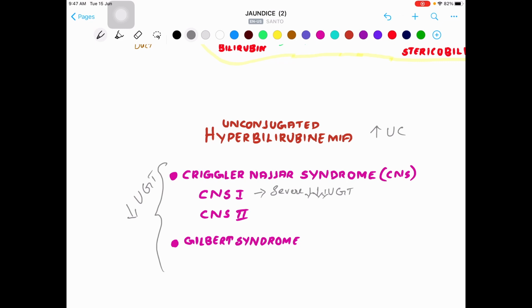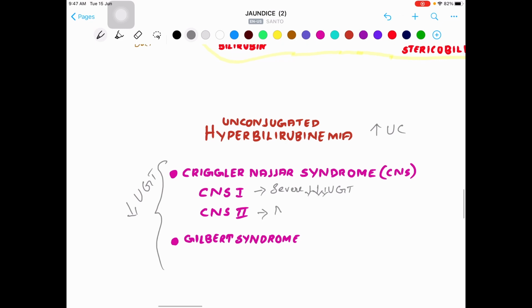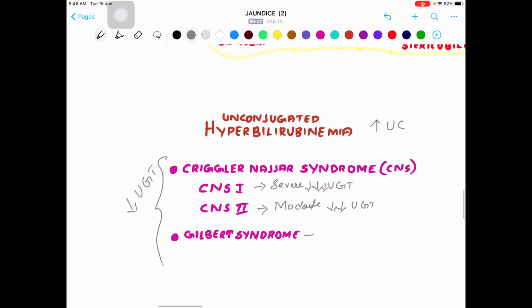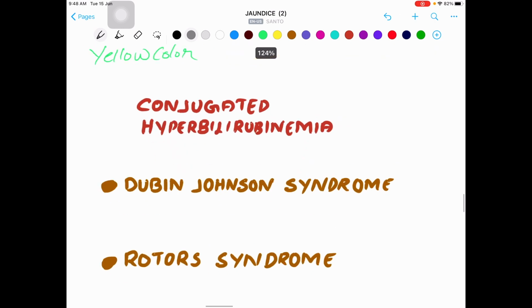And type 2 will be a moderate decrease in UGT. And in Gilbert syndrome, it will be a mild decrease of UGT. So this is how we can differentiate.